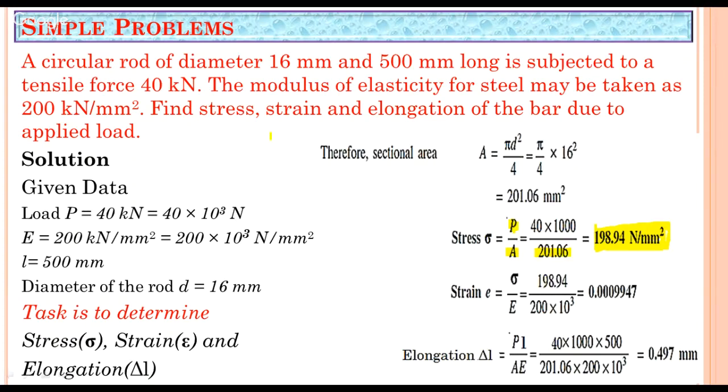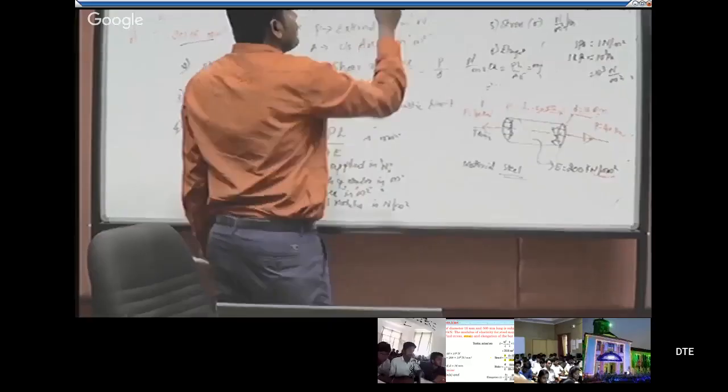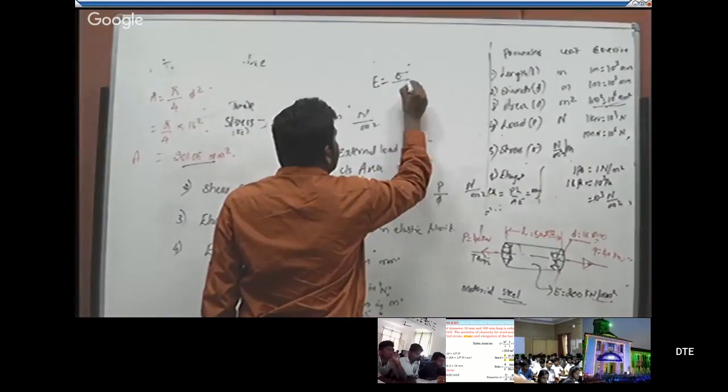So next, we have to determine the strain also. So we know the formula of Hooke's law. The stress is directly proportional to strain, that is, stress by strain is equal to the elastic constant. So by rearranging that, according to Hooke's law, modulus of the material is equal to stress by strain.